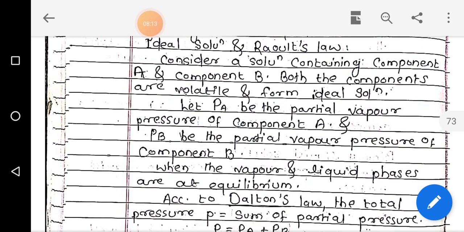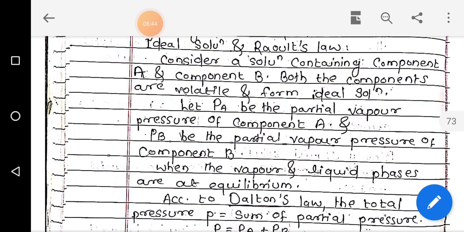So consider a solution containing component A and component B, these are the two components which form the solution. Both the components are volatile, meaning they can easily evaporate. If you understand best, you know that ether is a best volatile. Ethyl alcohol is also a good volatile.